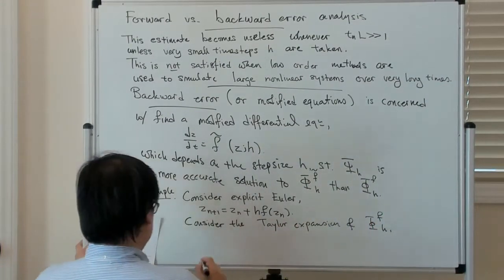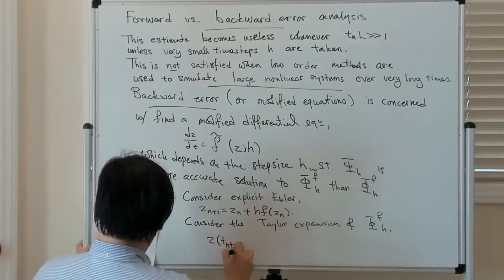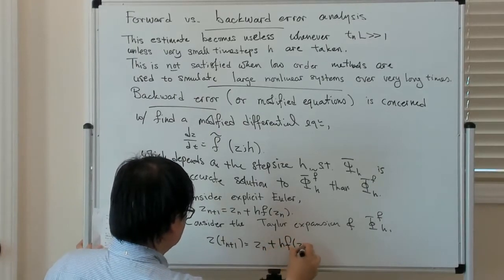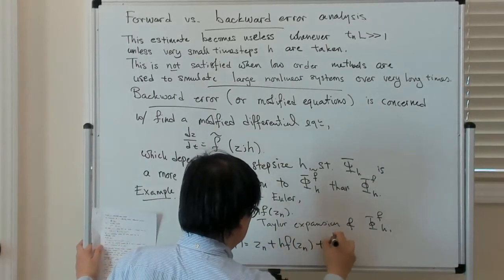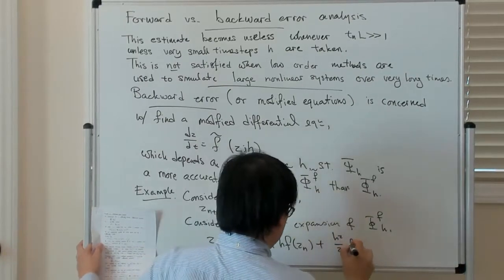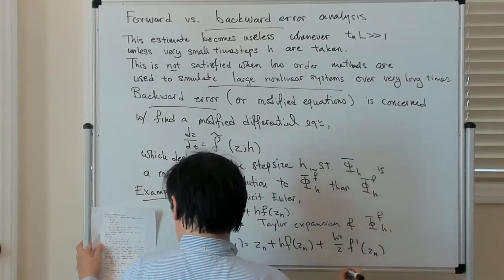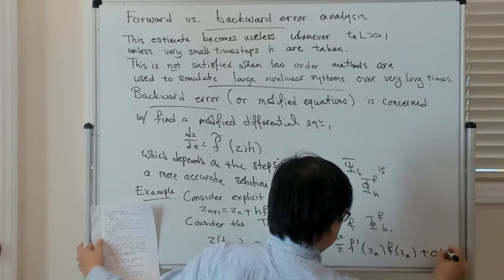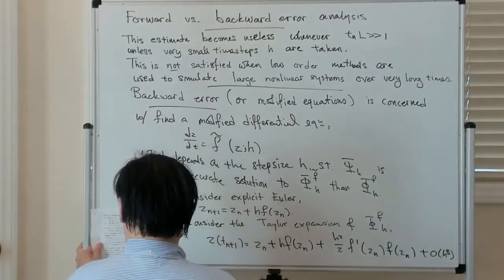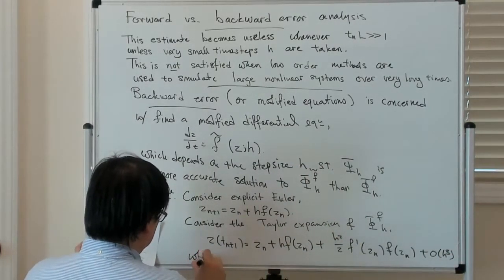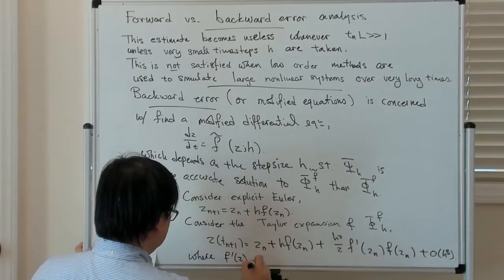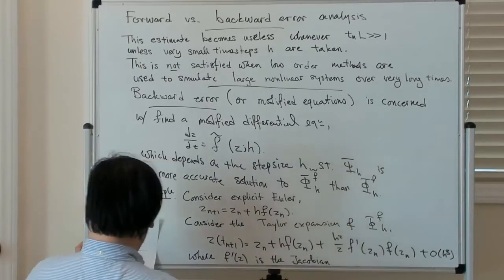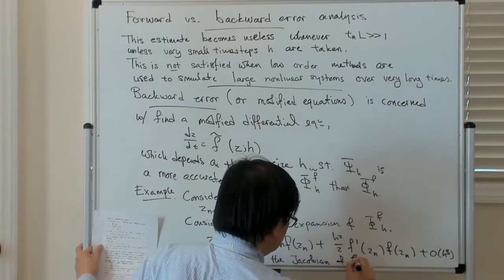Okay, so this is z at t_{n+1} is equal to z_n plus h f at z_n, plus h squared over 2 f prime at z_n times f at z_n, plus something which is big O of h cubed, where of course f prime of z is the Jacobian of f at z.